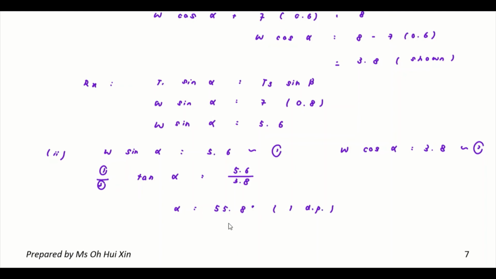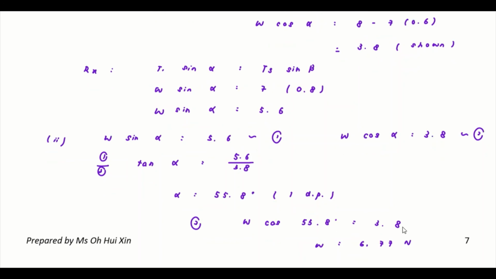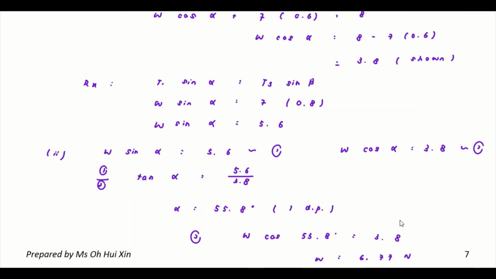Remember to keep this value in your calculator as well. Then we can use equation 2: W cos 55.8 equals 3.8. From here, you'll be able to get your W, written in 3 significant figures, 6.77 Newtons. By having this, we have solved all our questions here.